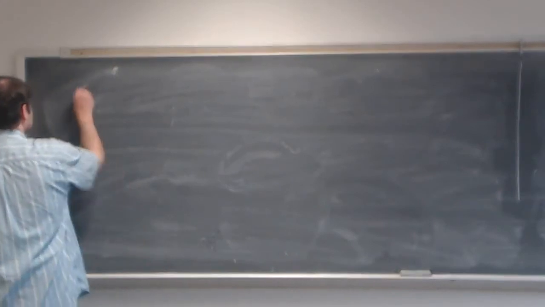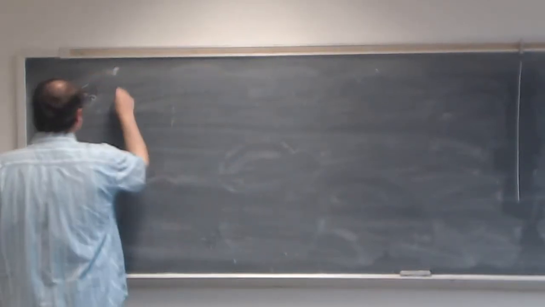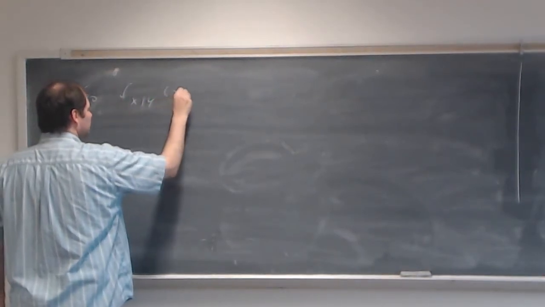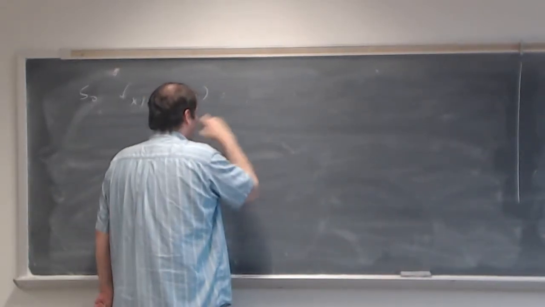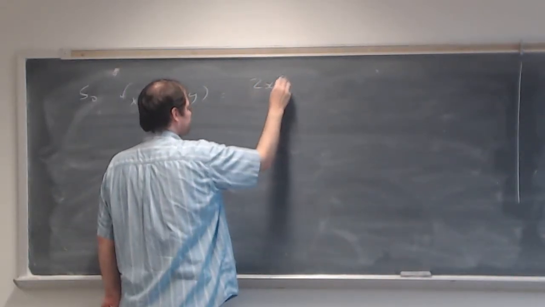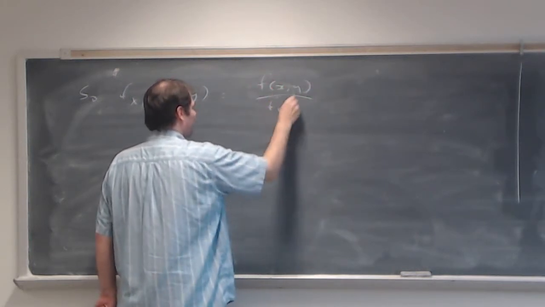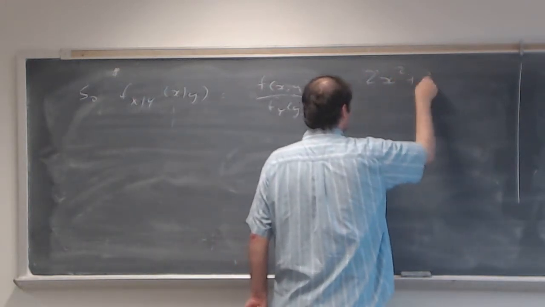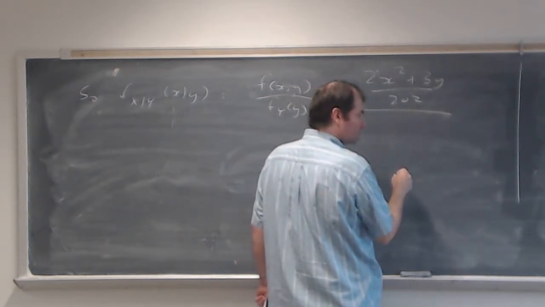Okay, continuing on. So f of x given y of x given y is equal to f of x comma y over f sub Y of y, which equals 2x squared plus 3y over 28, all over what we just found.